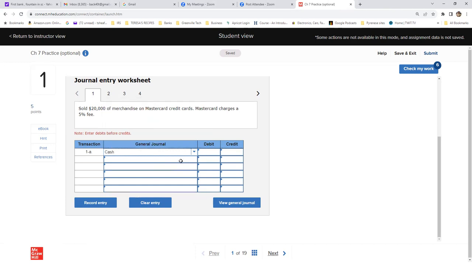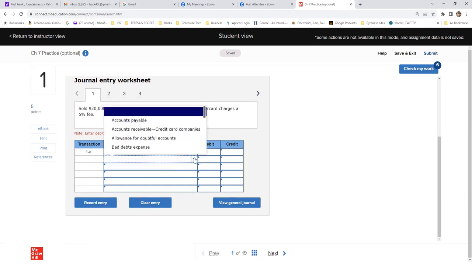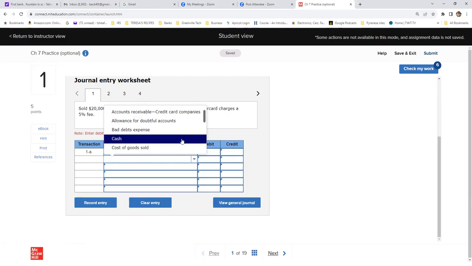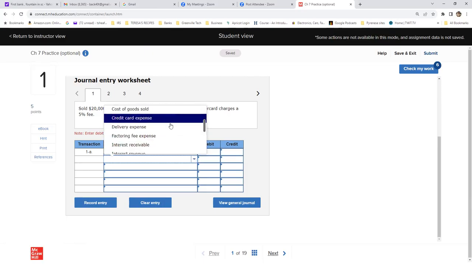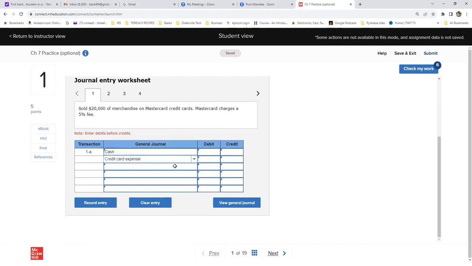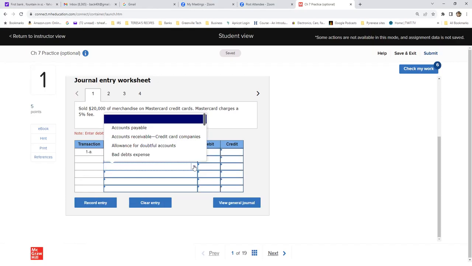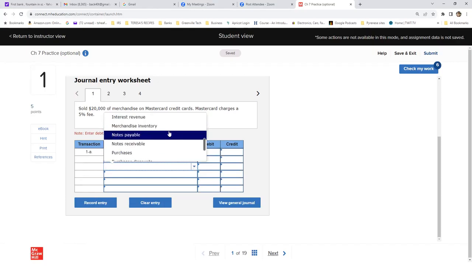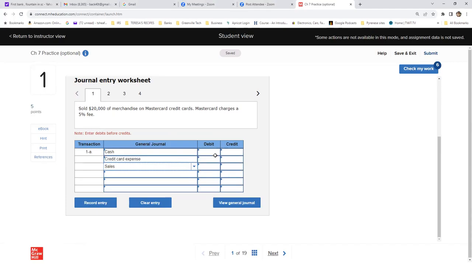I'm going to have another debit to credit card expense. And we're going to have a credit to sales. Like always, I like putting in my accounts first and then following up with the information.